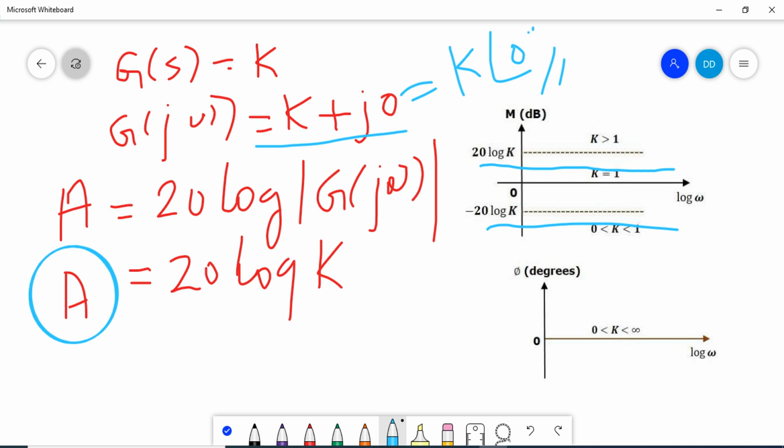So if you observe the phase plot here, you can observe that the phase angle is 0 degree whatever be the value of k, from 0 to infinity. So if k is less than 0, we can treat it as negative, which gives minus 180 degree. Next basic factor is the integral factor.